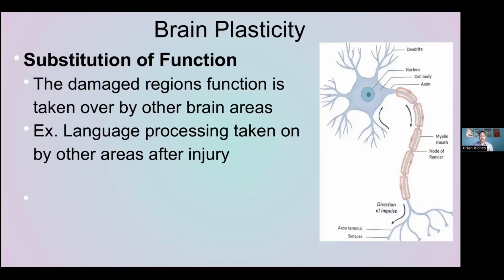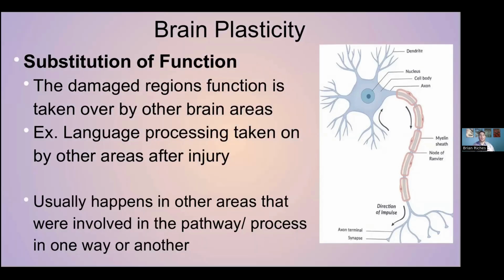This usually happens in places that were part of the pathway, part of the process, but it's a really big reorganization. So your language functions move to the other side of your brain, and those neurons are now pulling double duty. Human brains are really amazingly capable of plasticity. There have been cases of people who go in for an MRI for whatever it might be, maybe they have a headache and they're not sure why.